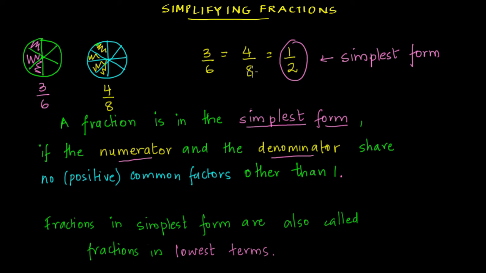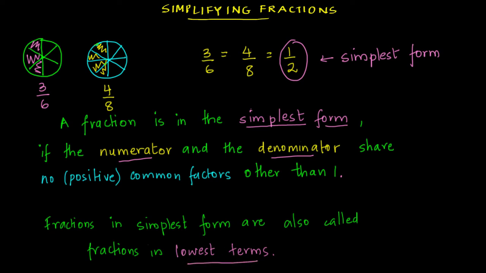And if you look at 4/8, 4 and 8 have a common factor that's 4. So these two are not in the simplest form. But if you look at 1/2, 1 and 2, the only common factor they share is 1. And that is why 1/2 is in the simplest form. Fractions in simplest form are also called fractions in lowest terms.